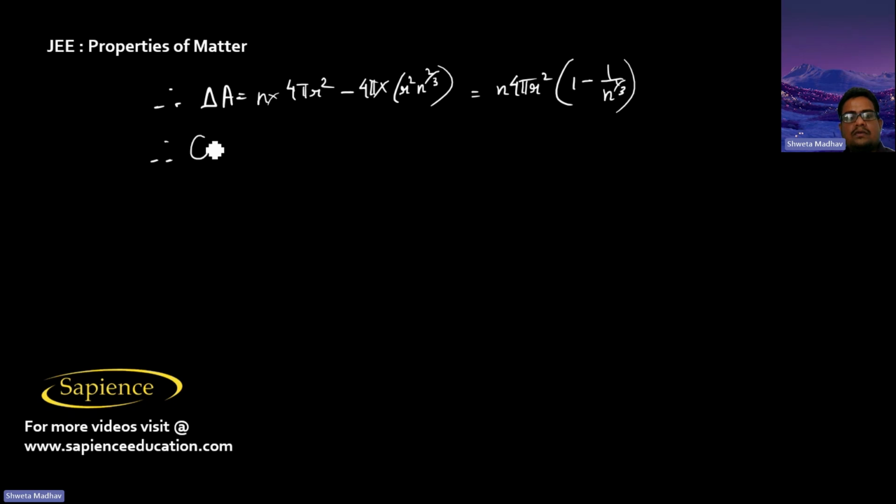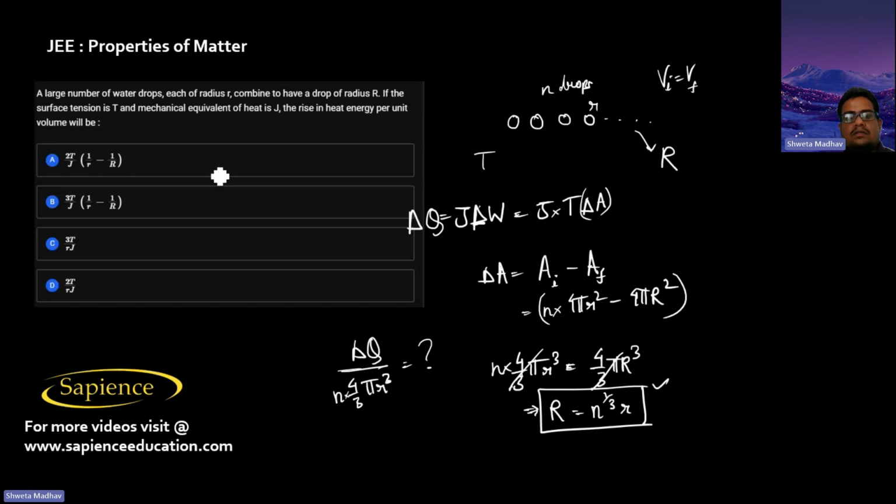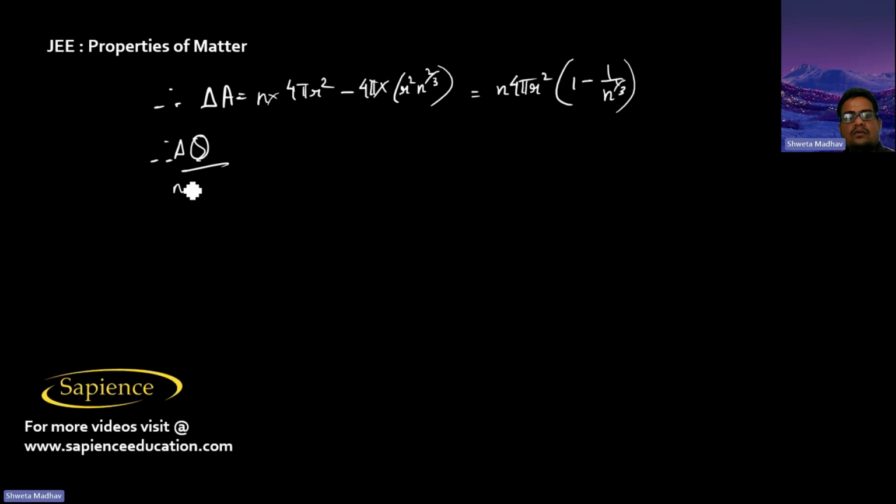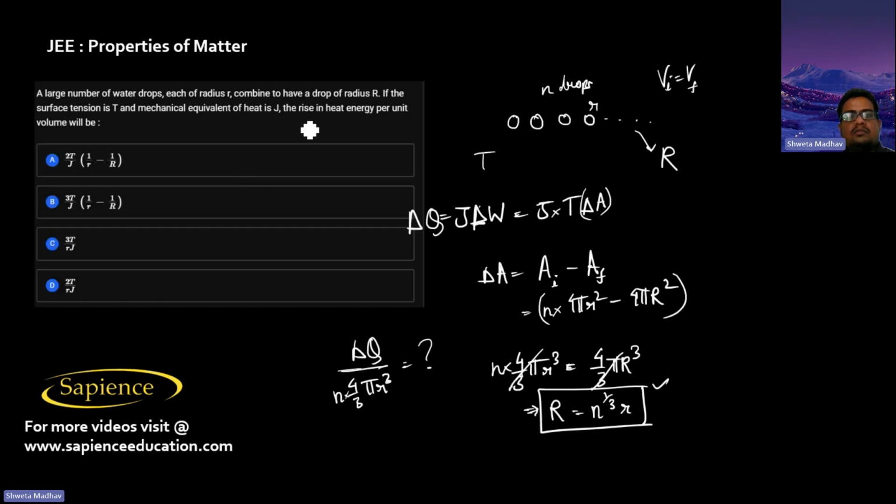So we have to find delta Q divided by N into 4/3 pi r cube, which is the heat energy per unit volume.